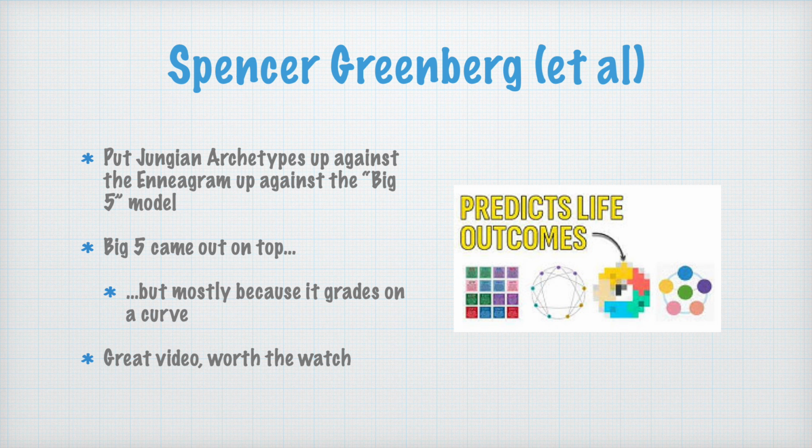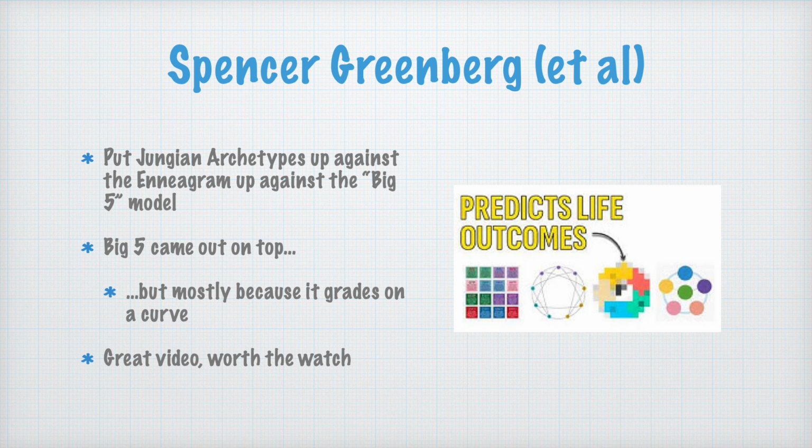I was turned on to this topic by a YouTube video by Spencer Greenberg and his associates, and they had put together a massive study looking at Jungian archetypes and the Enneagram, and he compared them to this Big Five model that a lot of psychologists use.